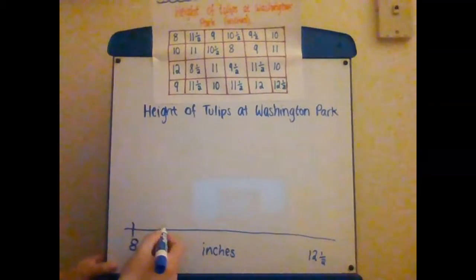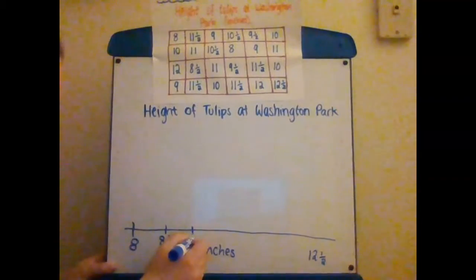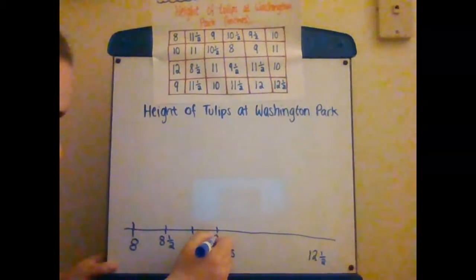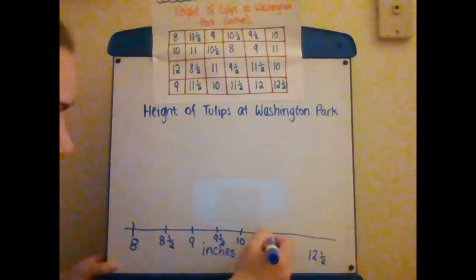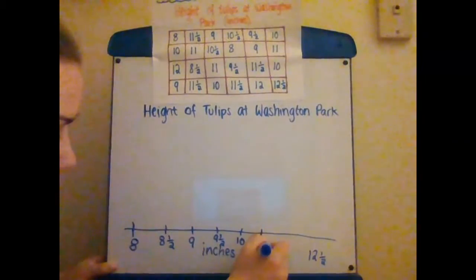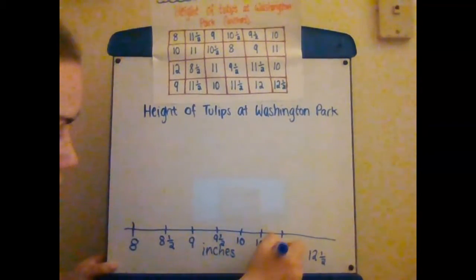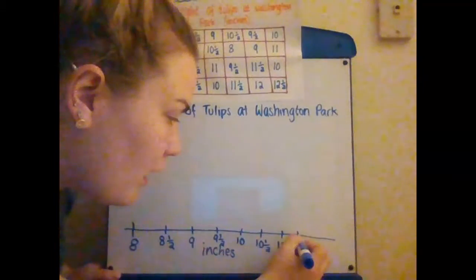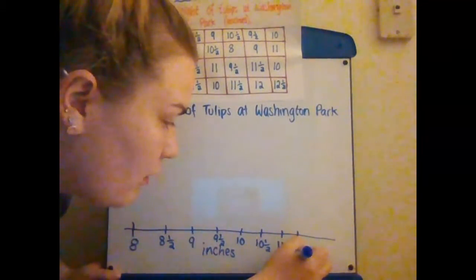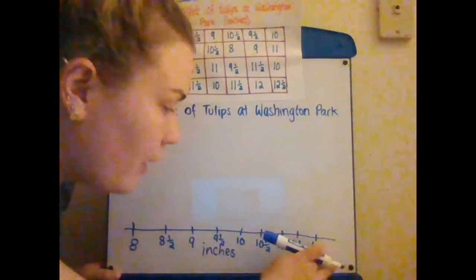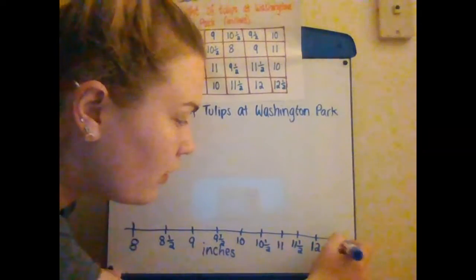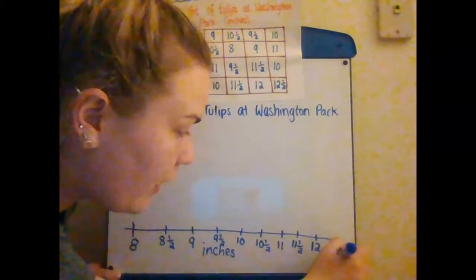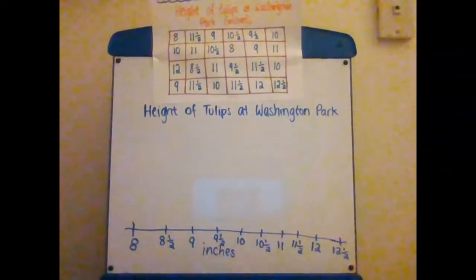So our next number is going to be 8.5, then 9, 9.5, 10, 10.5, 11, 11.5, 12. I'm going to remove this just so that I can fit it in. 12 and 12.5. Now I have all my measurement points on there.